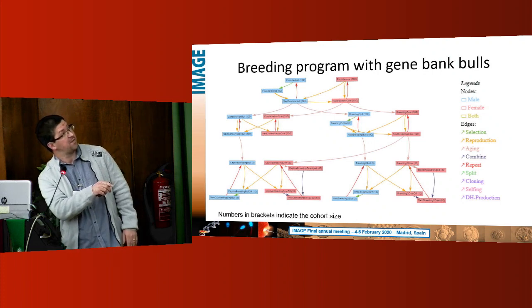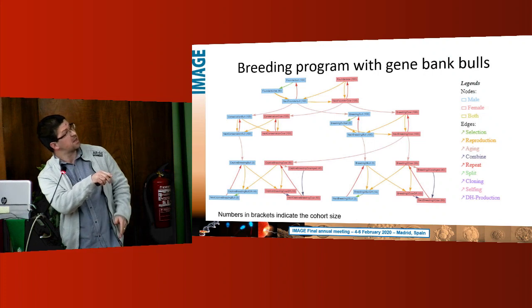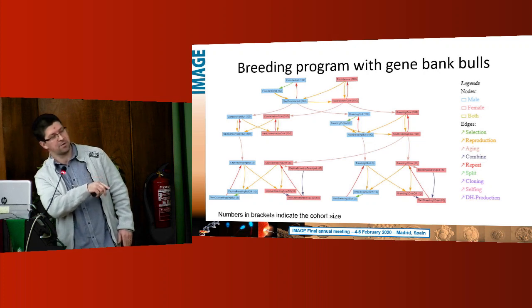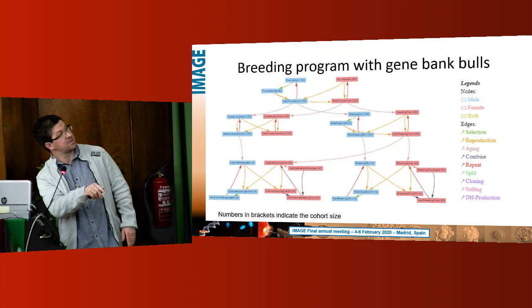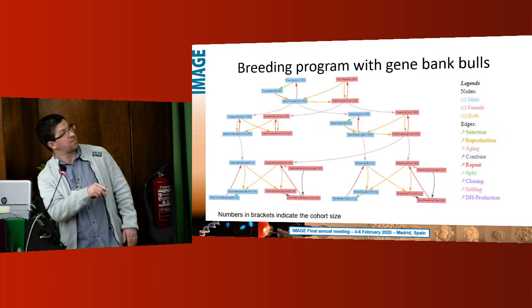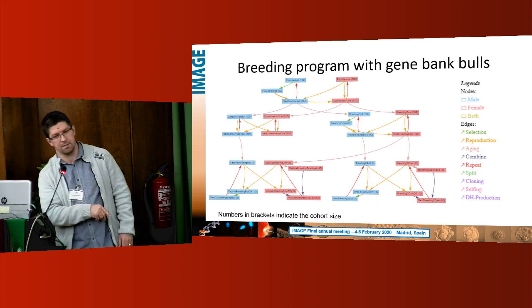Basically, we have a starting population, and we divide it into two. This part is similar to the one that we had before, and this part is also to have two unrelated populations. One we call a conservation population, and the other we call a breeding population.